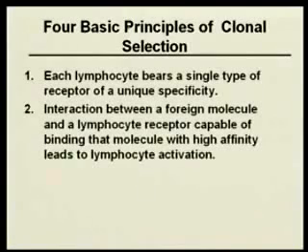And the second part is that the interaction between the foreign molecule and the lymphocyte receptor leads to a molecule with high affinity, and that leads to lymphocyte activation. So you have to have a very strong interaction between the T cell receptor and the antigen, and that leads to activation.